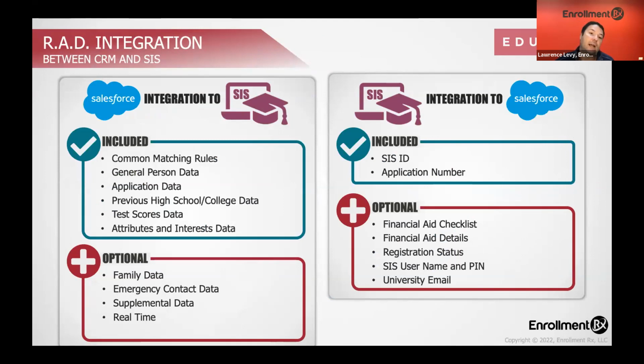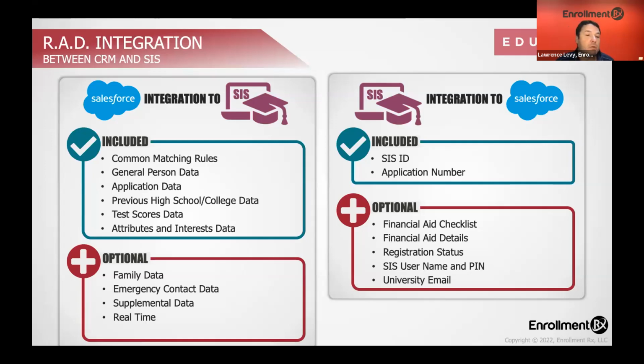On the CRM side, if we're looking at Salesforce over to the SIS, what we would normally see included in that kind of enterprise integration would be things like general person data, application data, previous high school or college data, right? We're going to collect it in the CRM, and we're going to send it over to the SIS.